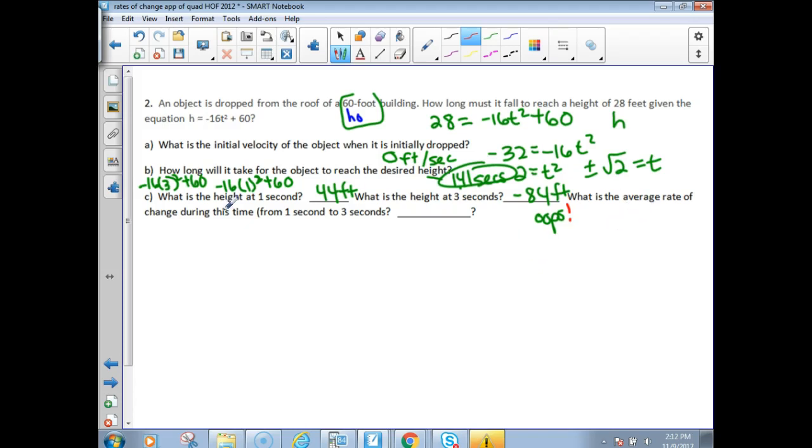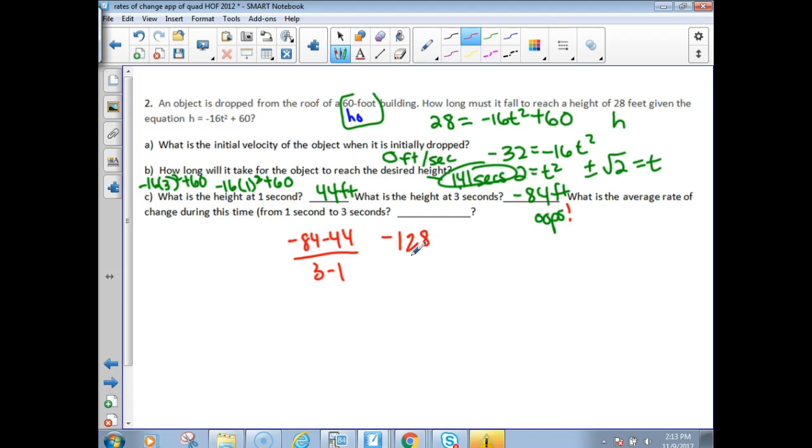All right, so what's the average rate of change during this time period? If we go with these numbers, it would be negative 84 minus 44 over 3 minus 1. That's negative 130. Wait, can I add? No, 128.